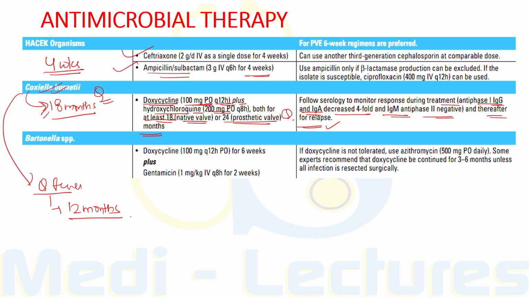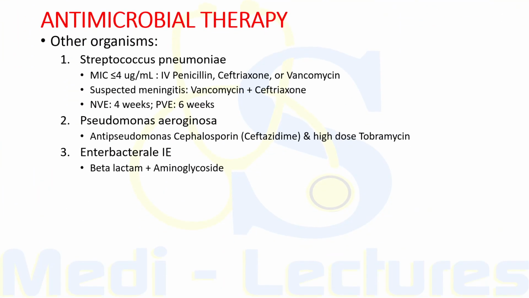For Bartonella, we give doxycycline 100 mg BD for 6 weeks, gentamicin again 1 mg per kg TDS for 2 weeks. If doxycycline is not tolerated, alternatively we can use azithromycin 500 mg OD. Now let's discuss the treatment of other rare organisms.